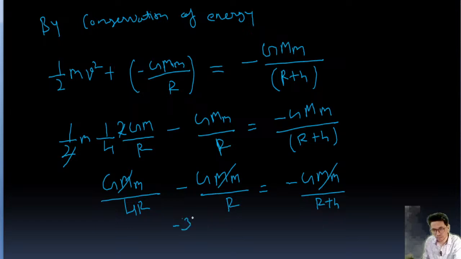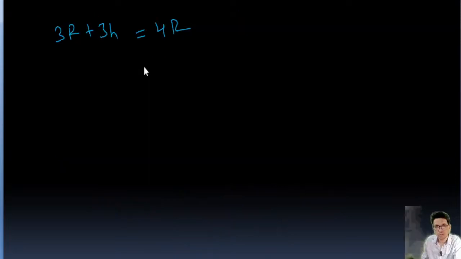Minus 3 upon 4R equals 1 upon R plus H. Minus will get cancelled, and this is 3 times R plus H equal to 4R. So 3H is going to be equal to R, and H upon R is going to be 1 by 3. This is the answer, 1 by 3.